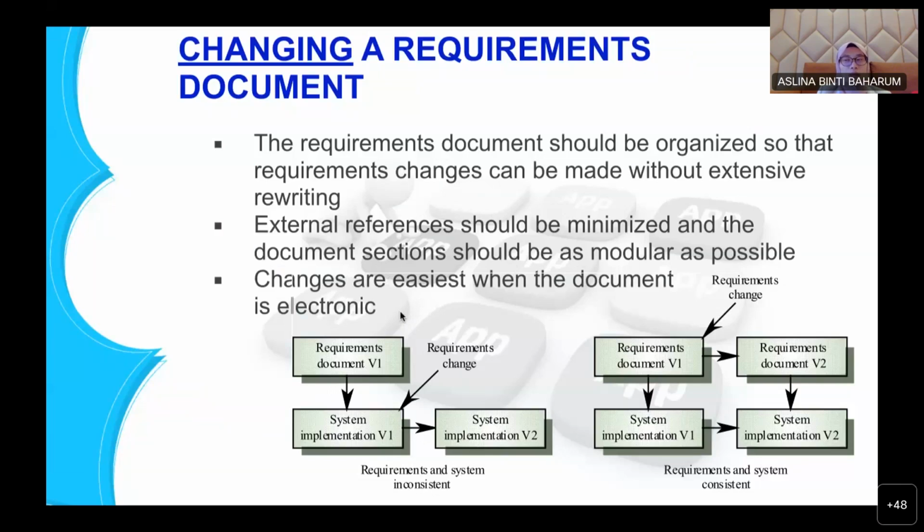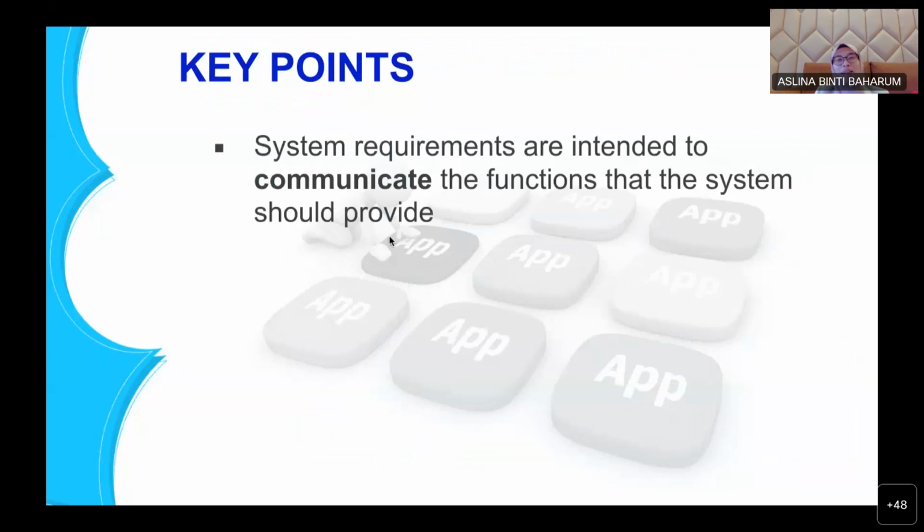If your requirement is in a form, like a contract, such as my house rental contract, it is very hard to change unless you go back to those who have the soft copy, so you can change and print it out again. Okay, summary for the second part of the RE.